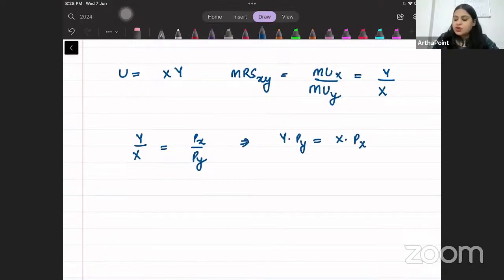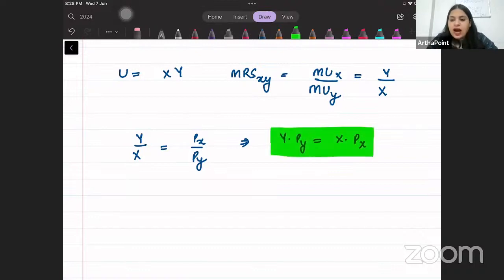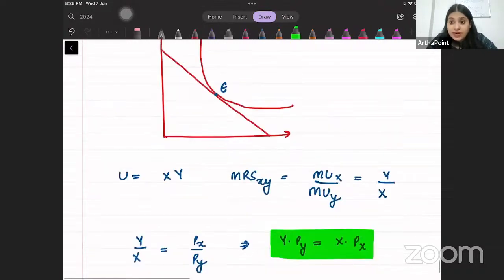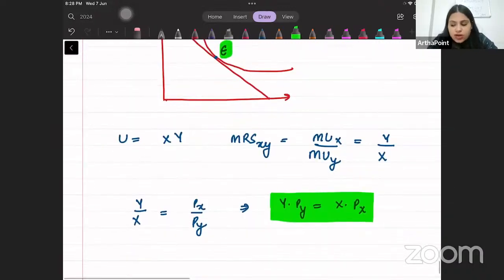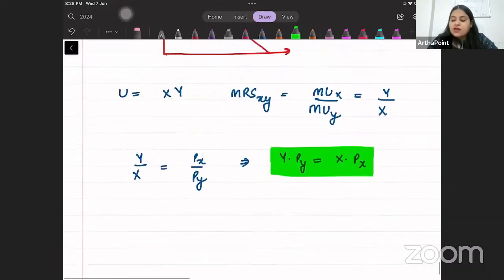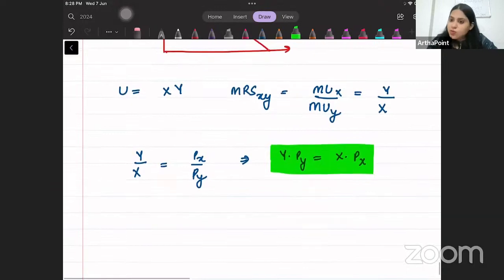But this equation is important. Note that I'm trying to find out this equilibrium point. And I'm saying that this equilibrium exists where MRS and price ratio are equal. And from that equilibrium, I have got this equation.